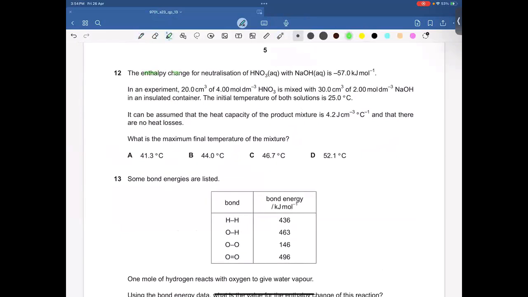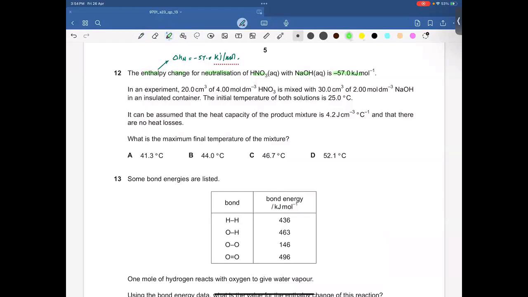The enthalpy change for the neutralization of nitric acid with NaOH is minus 57 kilojoules per mole. Okay, so we know the delta H value. We know the delta H neutralization for the reaction between these two substances, which is minus 57.0 kilojoules per mole.